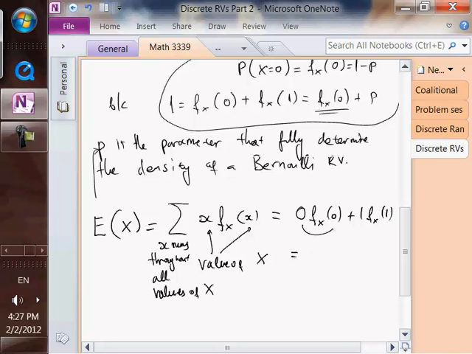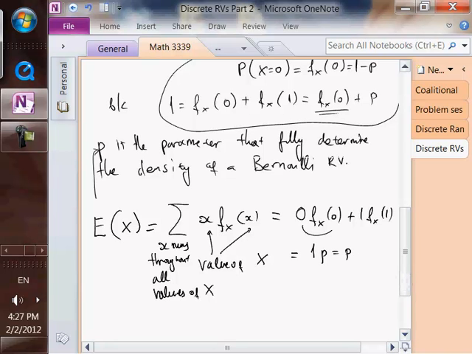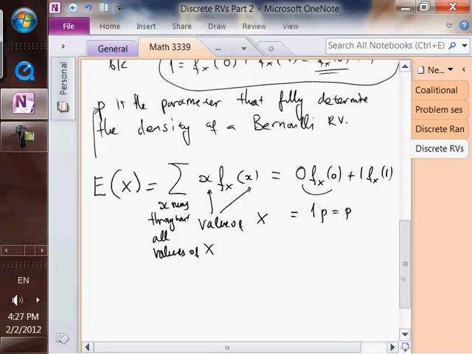Well, the first term will obviously give you 0. The second term will give you 1 times p. So the value is equal to p. So the average value of the Bernoulli random variable is equal to p, the rate of success. Okay? So here you have one first and very simple example of the mean value calculation.